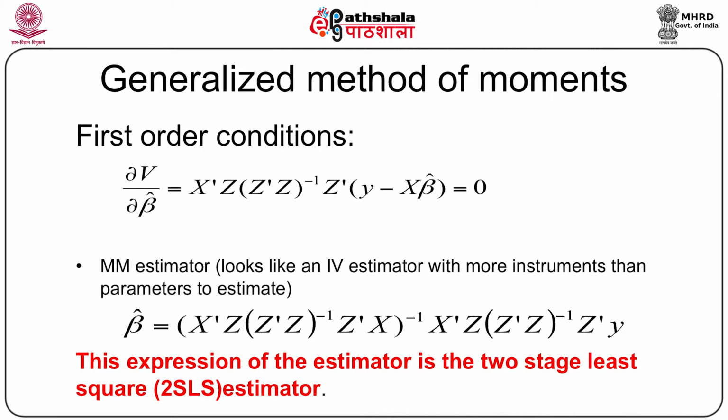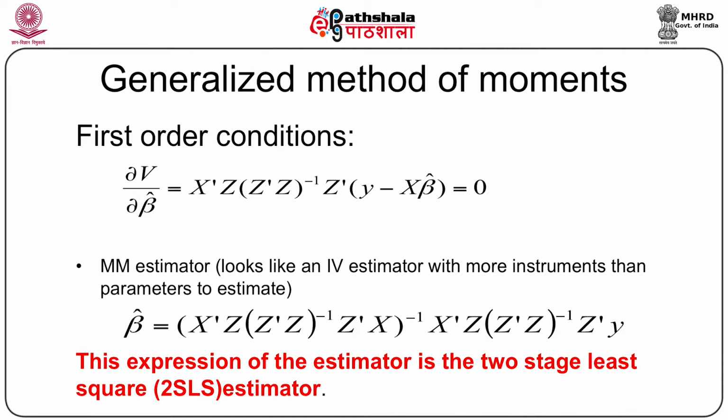And solving the condition, you get beta hat equal to (X transpose Z (Z transpose Z) inverse Z transpose X) whole inverse X transpose Z (Z transpose Z) inverse Z transpose y, which is nothing but the expression for the two-stage least squares estimator.